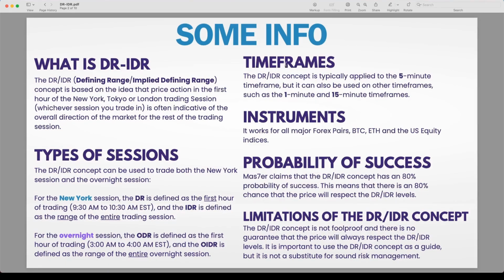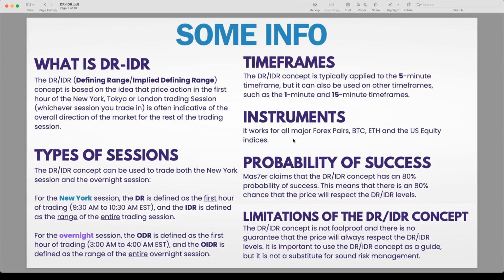The next thing is timeframes. The DR-IDR concept is typically applied to the 5-minute time frame, but it can also be used on other time frames like the 1-minute and 15-minute. Now technically it's really just meant for the 5-minute, but I personally use it on the 1-minute and 15-minute time frames. Next, instruments.